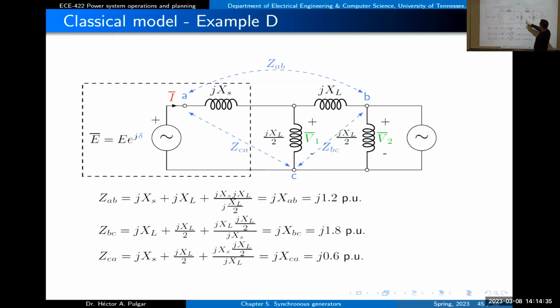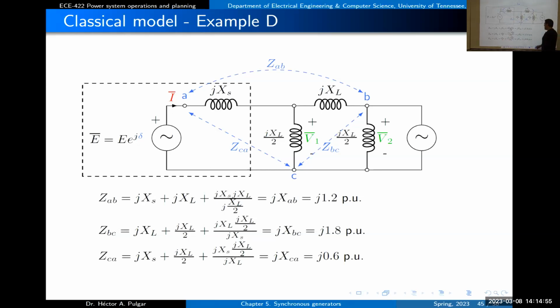Similar thing for the other impedance. This is going to be ZB plus ZC plus the multiplication of these two impedances divided by this one. We plug in the numbers, we get this, and finally this impedance, there is the equation.